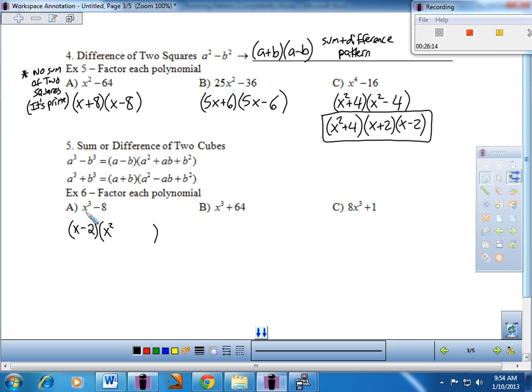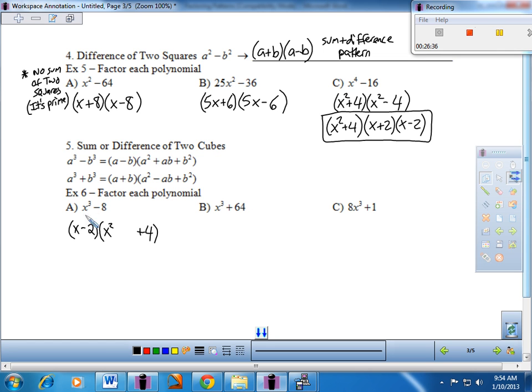Hope everybody realizes that. By the same token, on the back side is where I'm going to get this piece. So ask yourself, -2 times what would give you -8? Well, again, just good number sense here. -2 times +4 will give you -8. So those are the parts that when you multiply it back out would give you this polynomial right here.